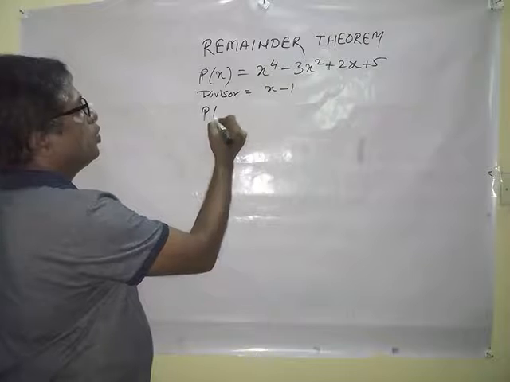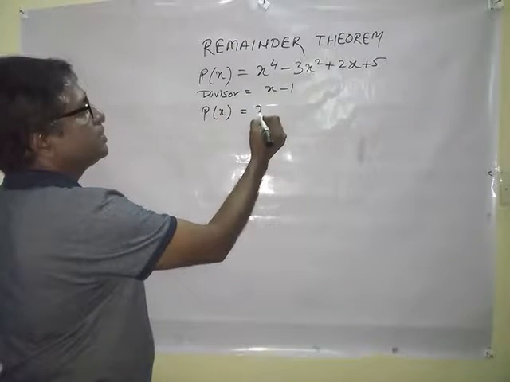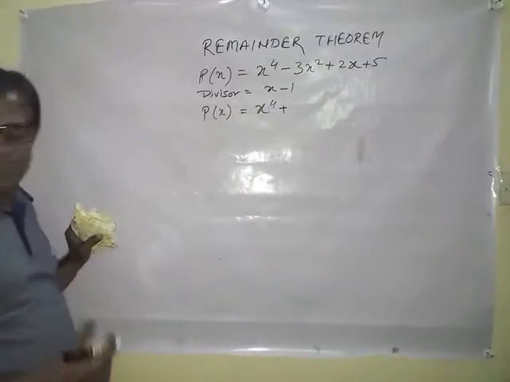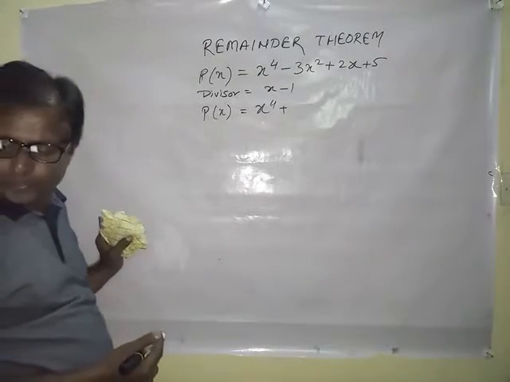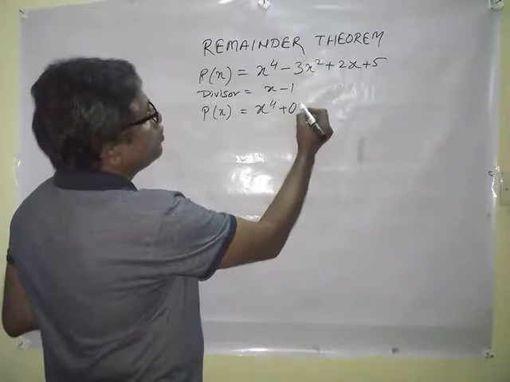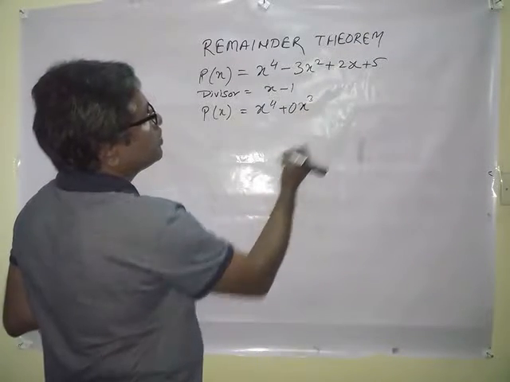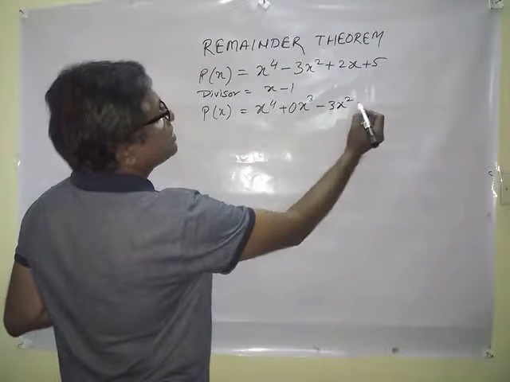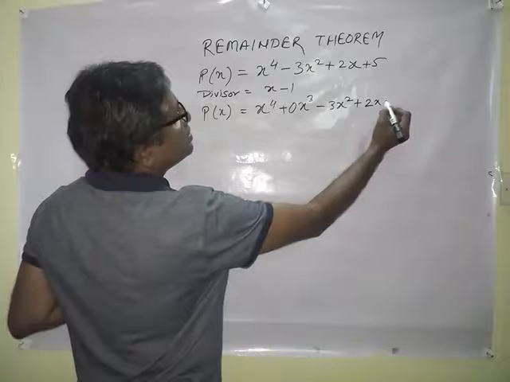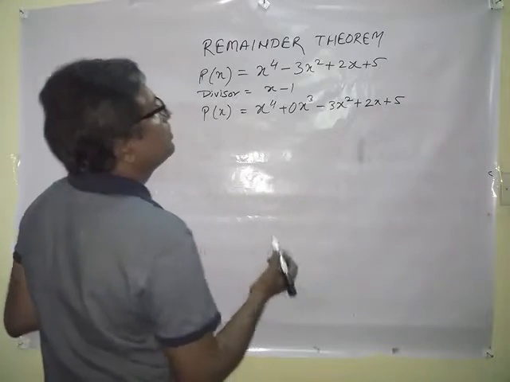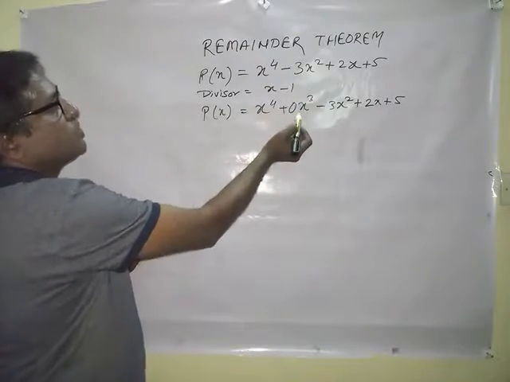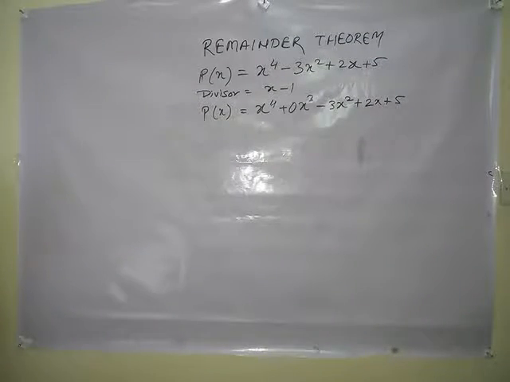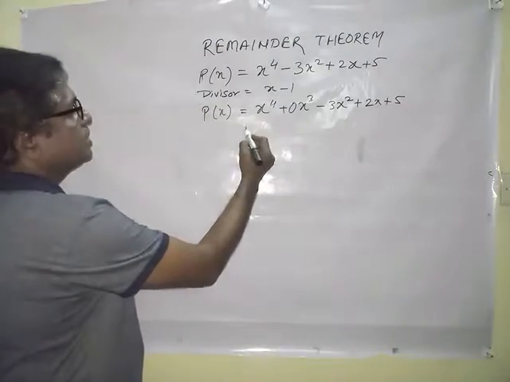So p(x) will become x raised to power 4 plus 0 multiplied by x raised to power 3 minus 3x square plus 2x plus 5, because the x cube was missing here, that is why I put 0x cube here. Now do the long method.